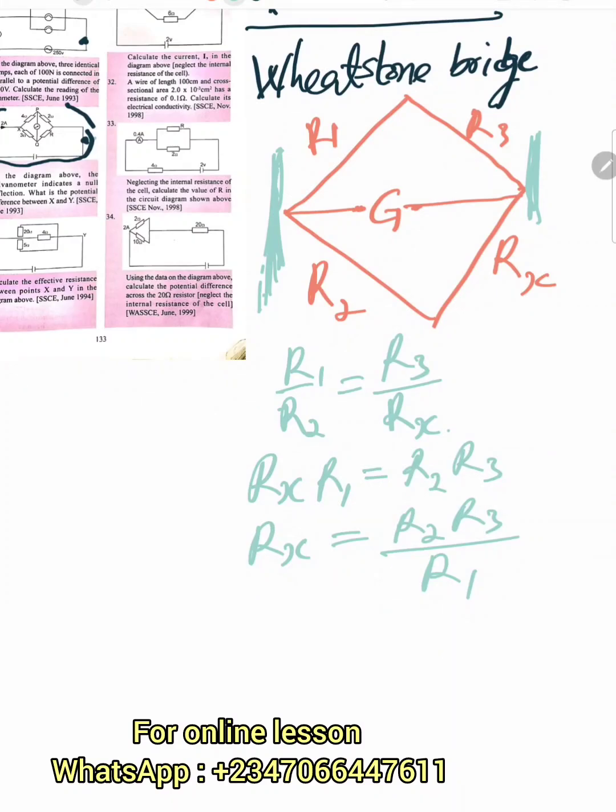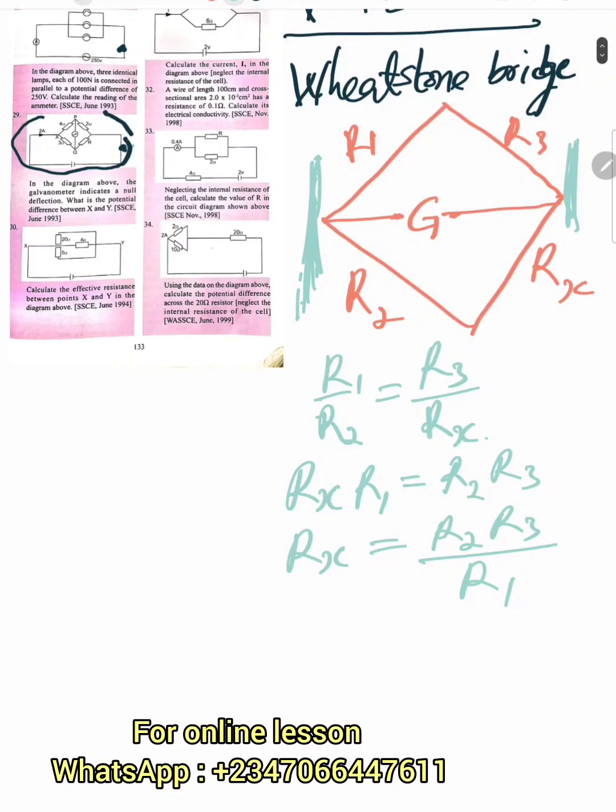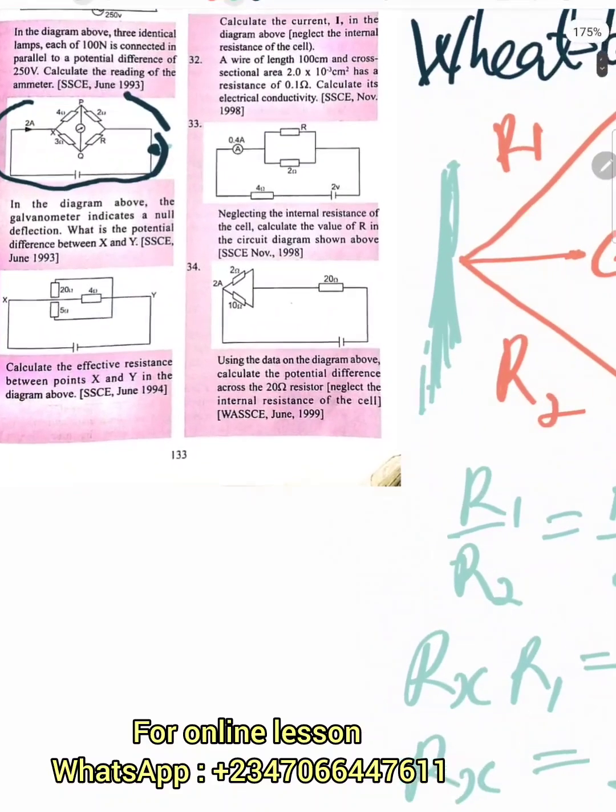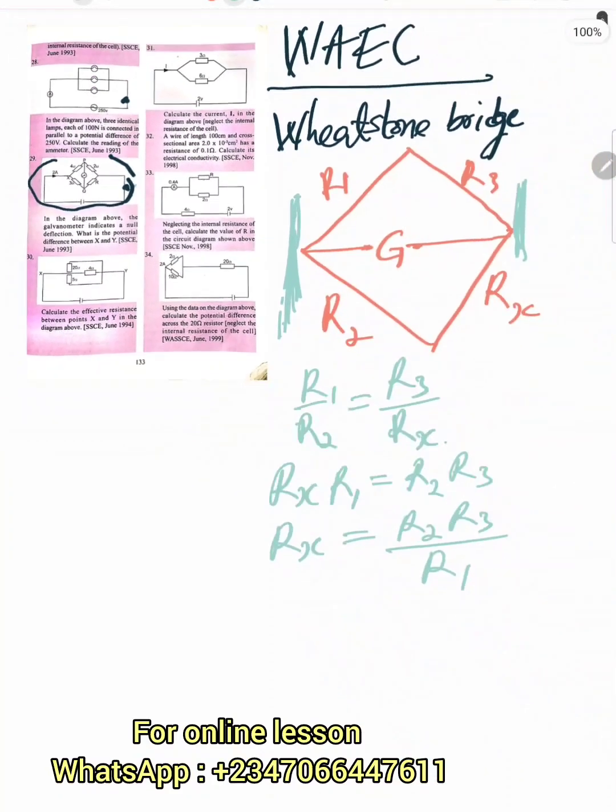Okay, now back to our question. We are meant to understand that this galvanometer has a null deflection, and when there is null deflection, it simply means that current does not flow through the bridge, and in that case the potential difference becomes the same. So let me use this diagram here.